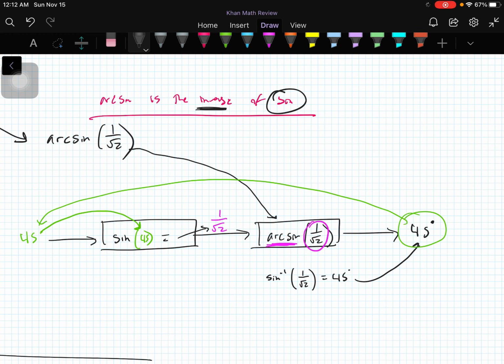So let's try it. I'm going to get my calculator. Sine 45 equals 0.707. And if I test what 1 over square root 2 is on the calculator right now, sorry, decimal place in the wrong place.